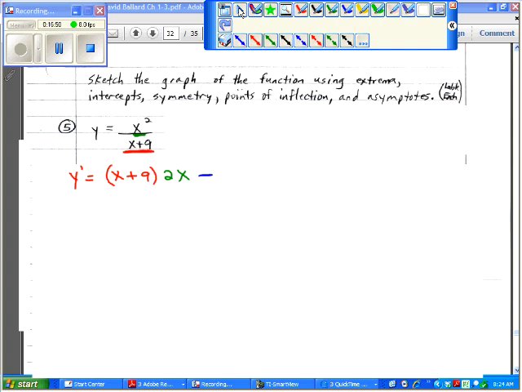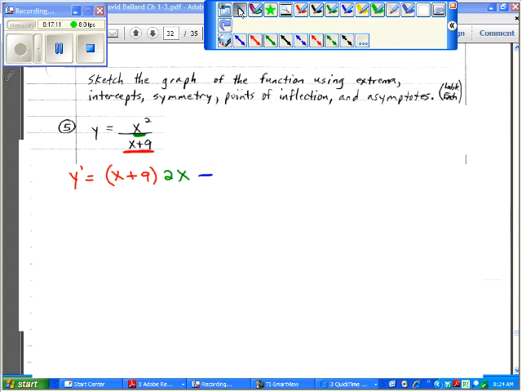Wait a minute. That's not the chain rule. I said chain rule, didn't I? Sorry about that. We're talking about the quotient rule. That's why I got silent.